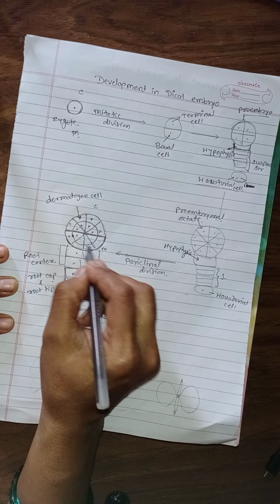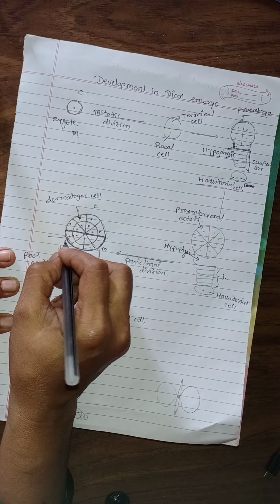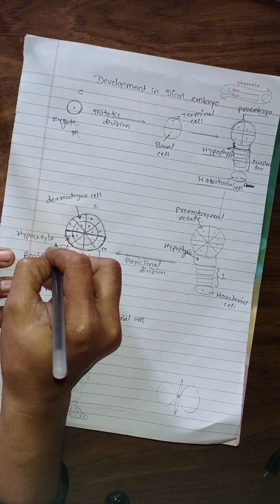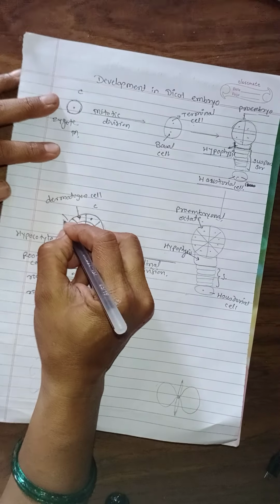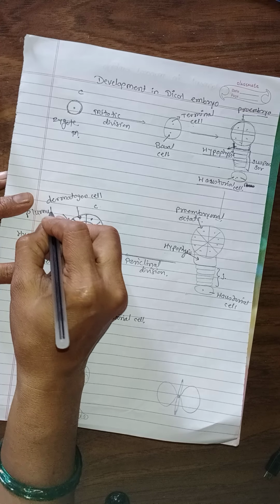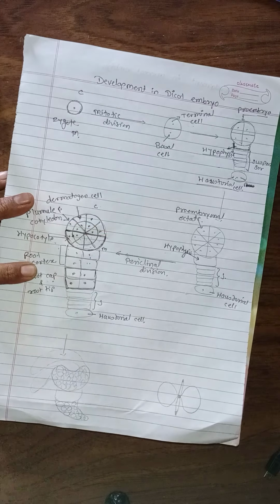These cells towards micropyle end give rise to hypocotyl, and the cells towards chalaza give rise to plumule and cotyledon.